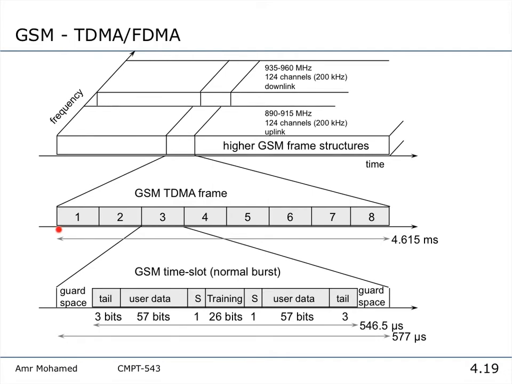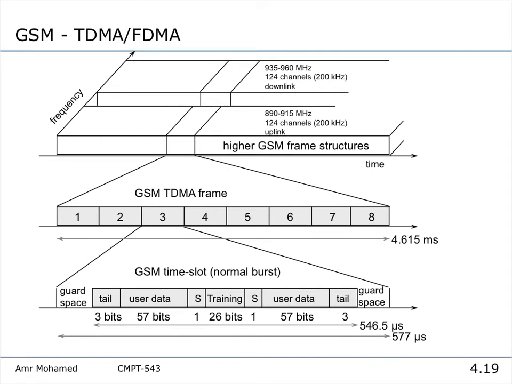This is what we call the super frame. The super frame is around 4.615 milliseconds. So after each super frame, which means one channel, I can hop. So after 8 time slots, I can hop.